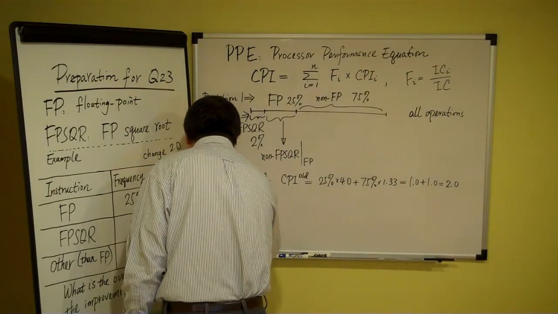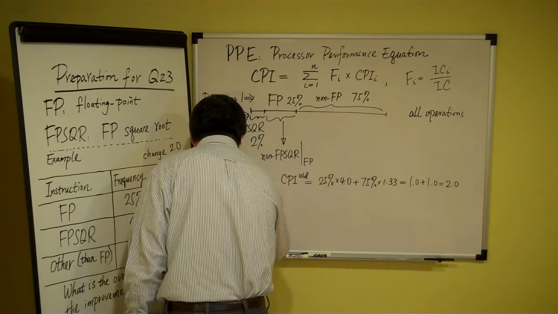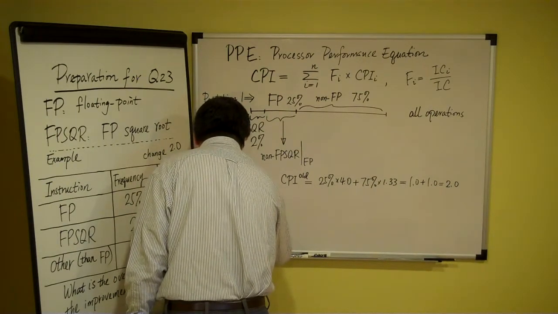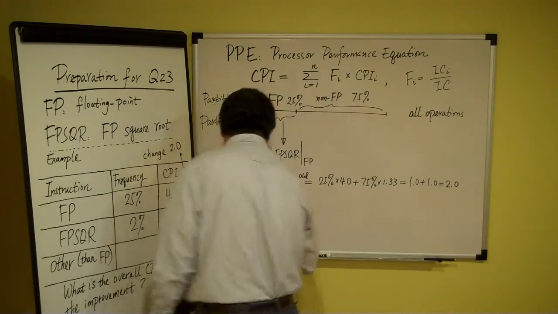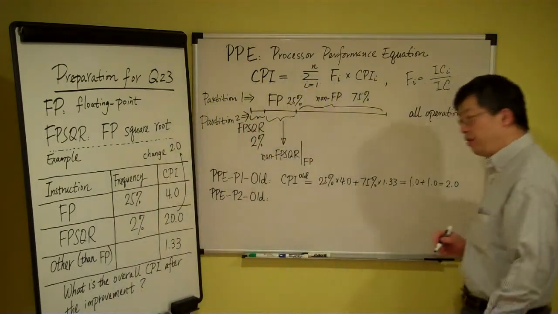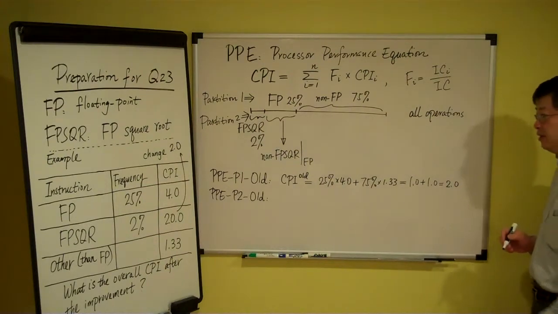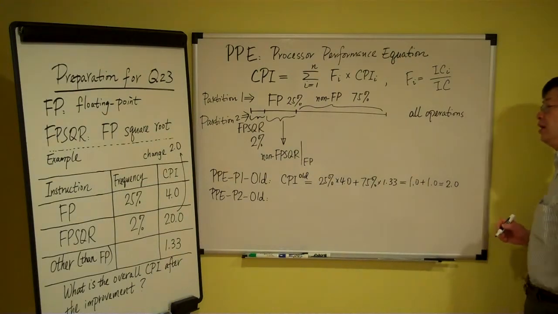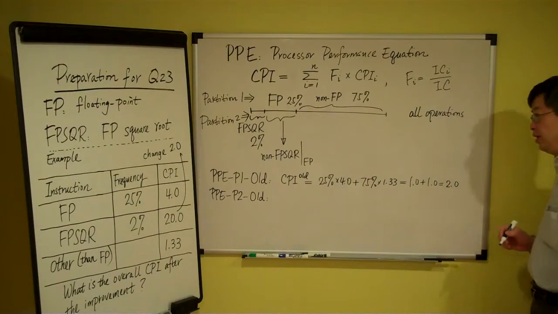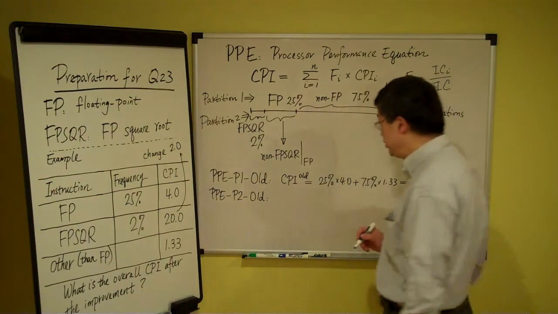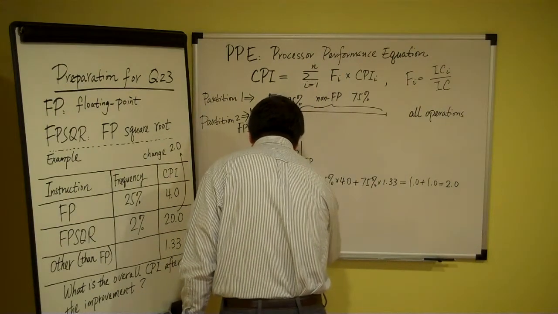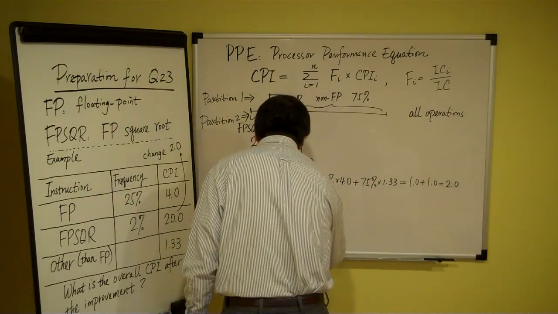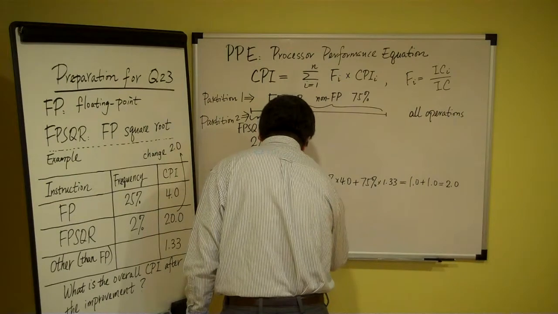So the next application of PPE: this time we use partition 2, but still for the old case, before improvement. PPE using partition 2, because this time CPI is also old.